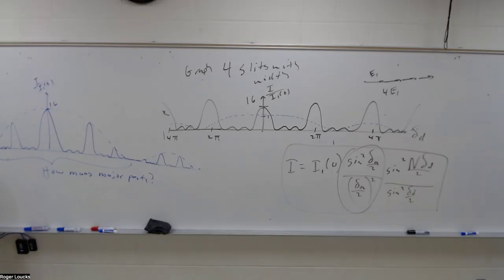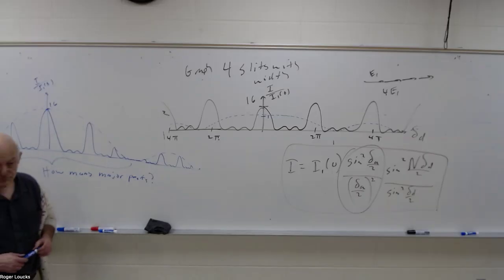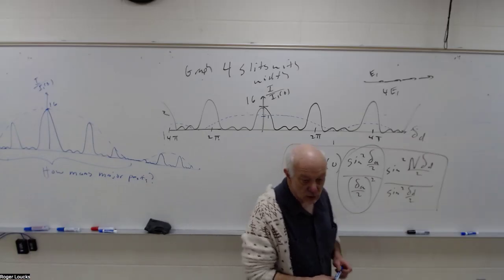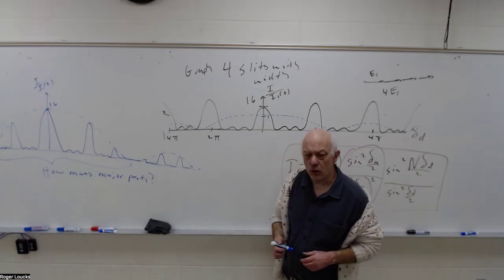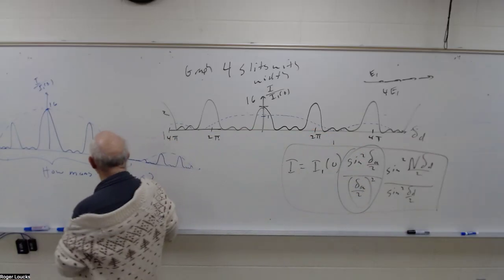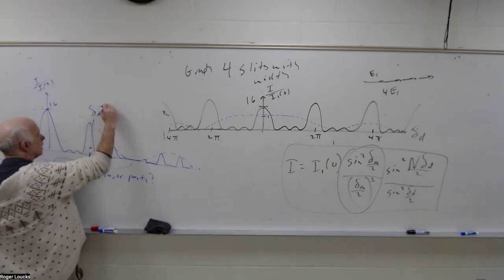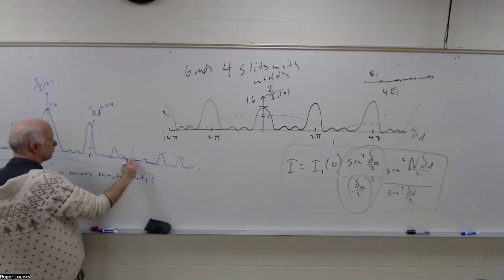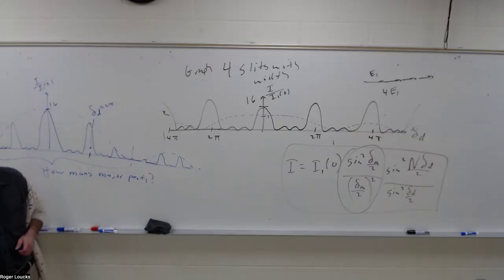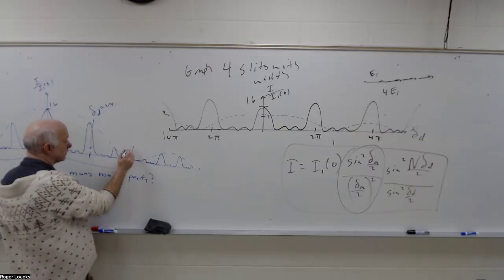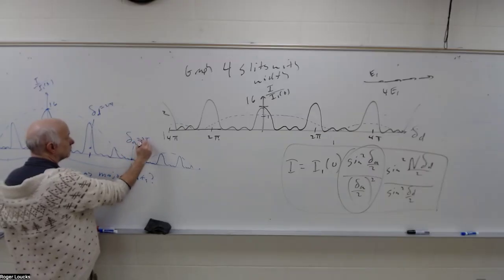It only depends on the number of slits, the D, the A value. If you know those, you can determine how many of these you're going to get. This right here corresponds to delta D equals 2 pi. What does this point here correspond to? Delta A equals 2 pi.